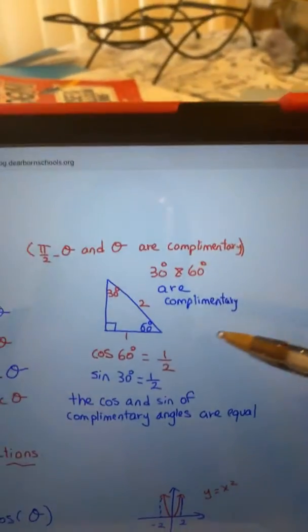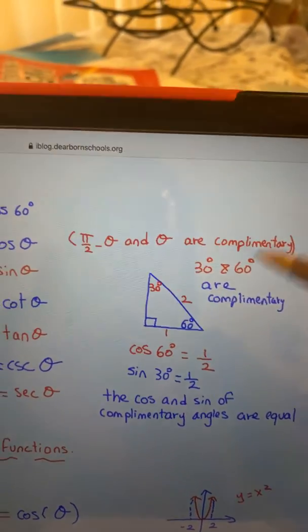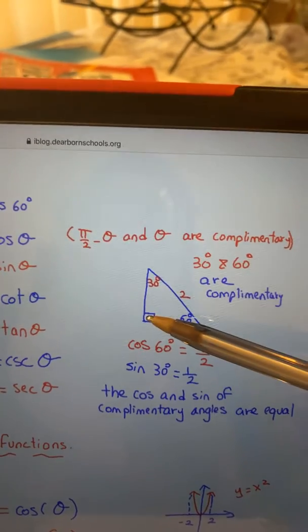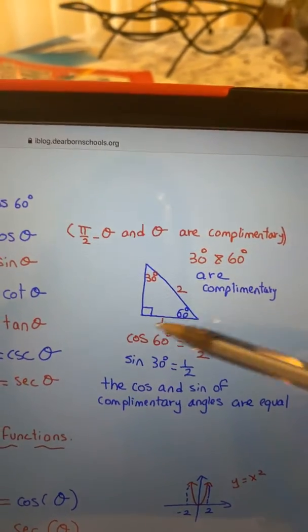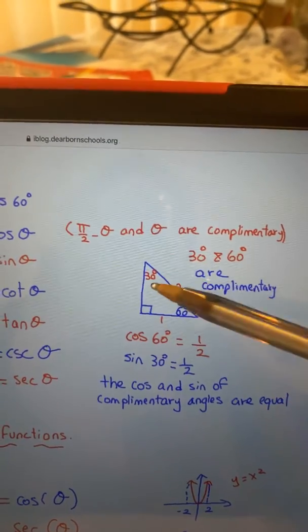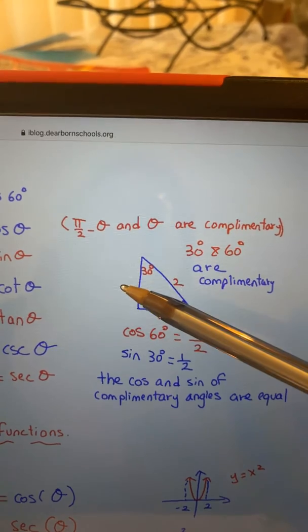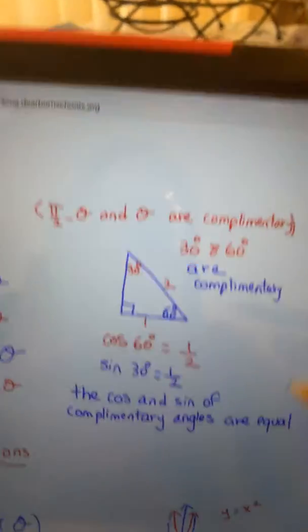So I took an example in a right triangle, because this is where we apply sine, cosine, tan, and all those trig ratios. I took the example 30, 60, 90 because this is the most familiar and the nice one. This is a 1, this is a 2, and of course you can find the other side of the triangle.